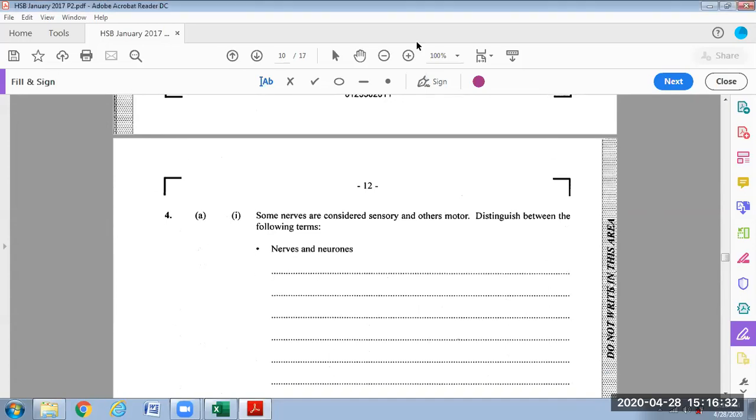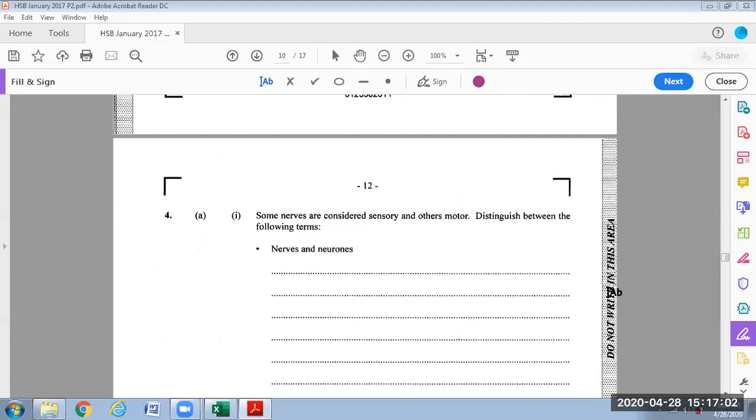Who is reading? Emily, can you read this question? Some nerves are considered sensory and others motor.